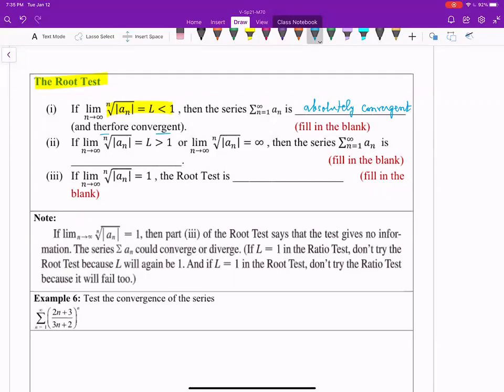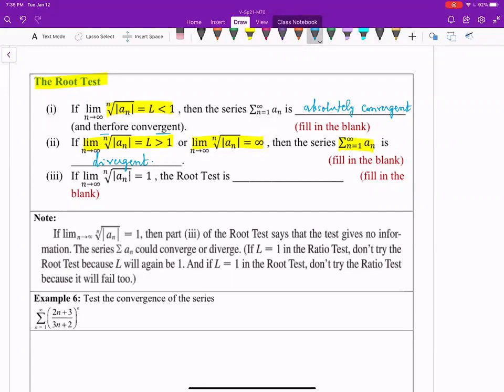2. If the limit as n approaches infinity of the nth root of absolute an is L, and that limit L is more than 1, or the limit is equal to infinity, then the series sigma an is divergent. 3.